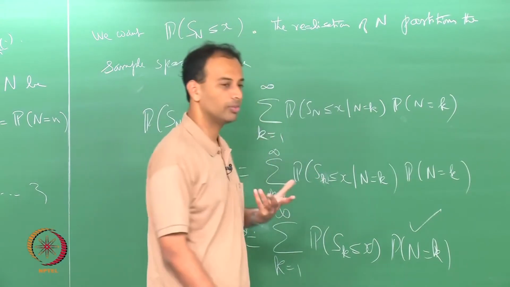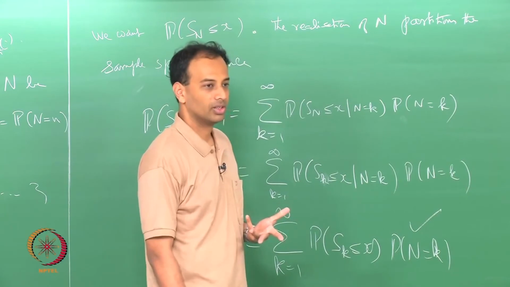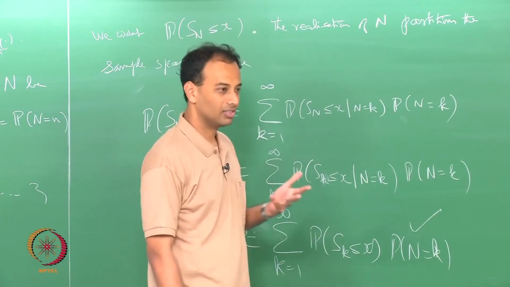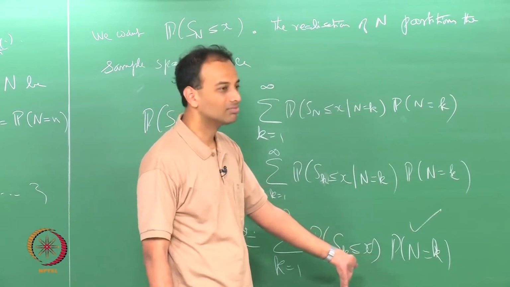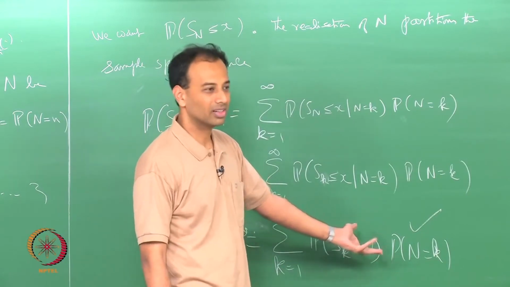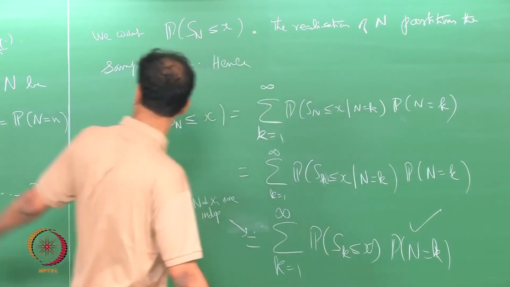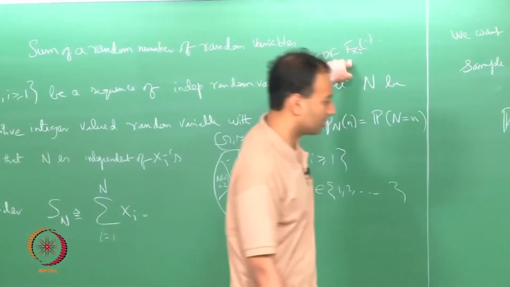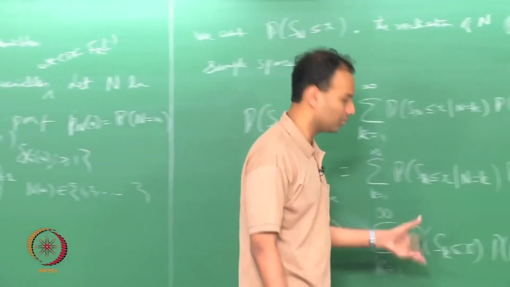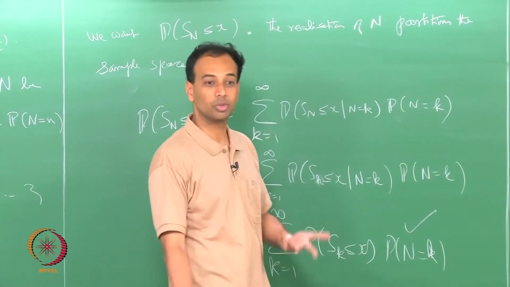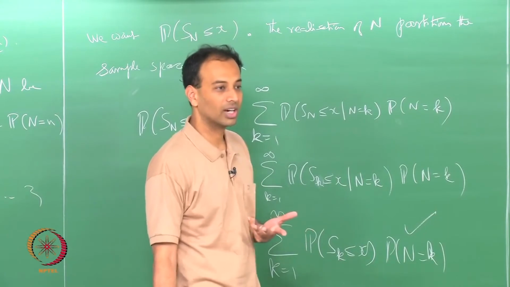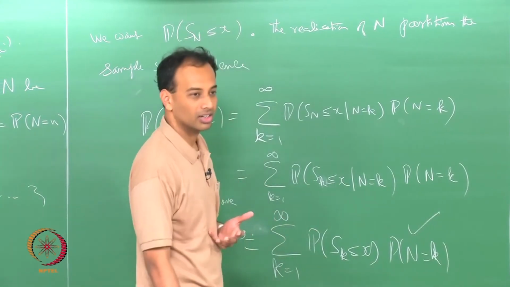S_2 will be X_1 plus X_2, and the CDF of that, if you have densities you can convolve. If your X_i's have densities you can convolve and find the densities, and if they do not have densities you can still find it. The X_i's may also be discrete, there is no guarantee that X_i's are continuous or anything.